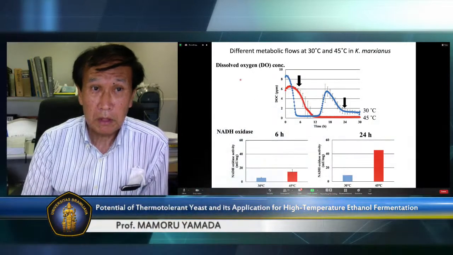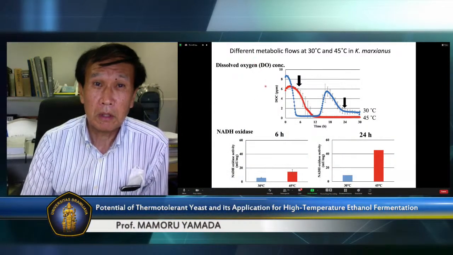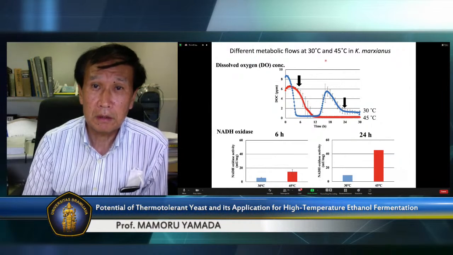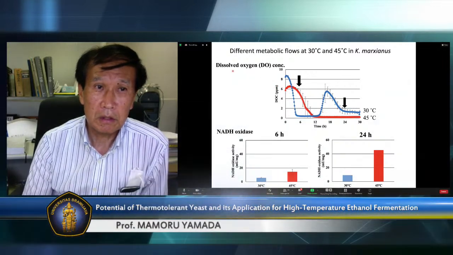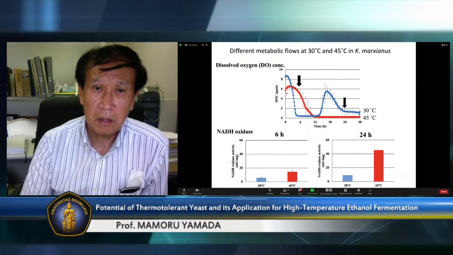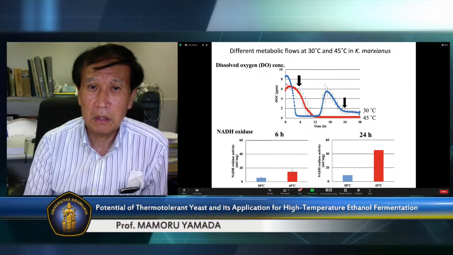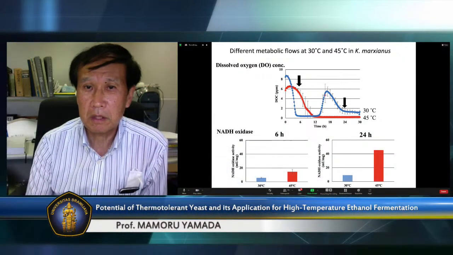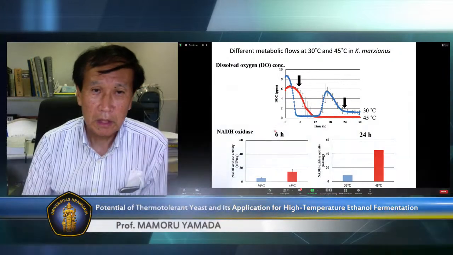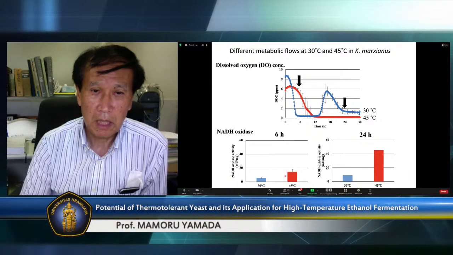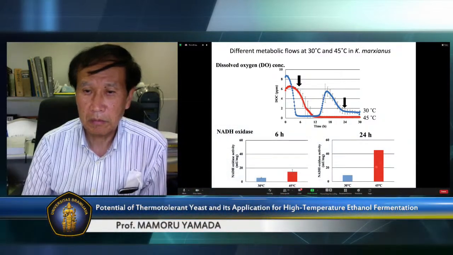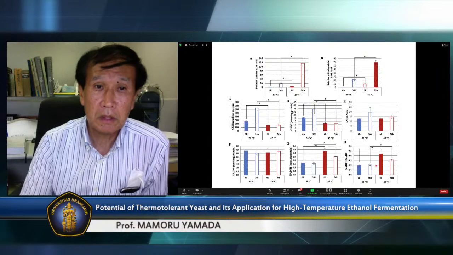Also, we found different metabolic flow at 30 and 45 degrees Celsius in this yeast. This shows the dissolved oxygen levels. You can see the difference. This is 30 and this is 45 degrees Celsius. Consistently, the NADH oxidase activity is high at 45 degrees Celsius.